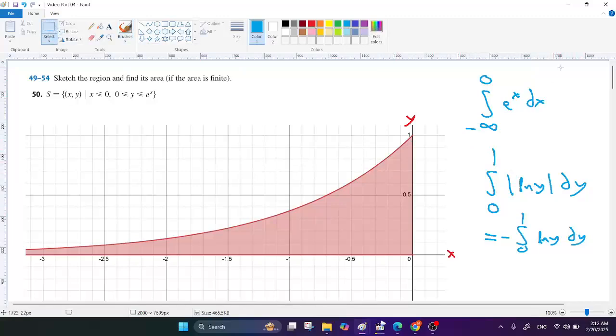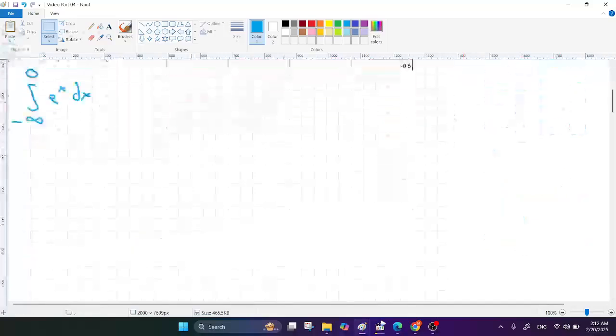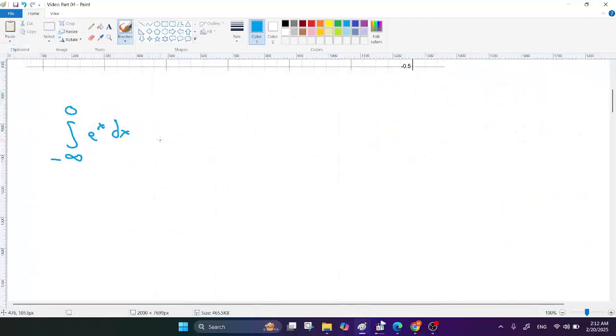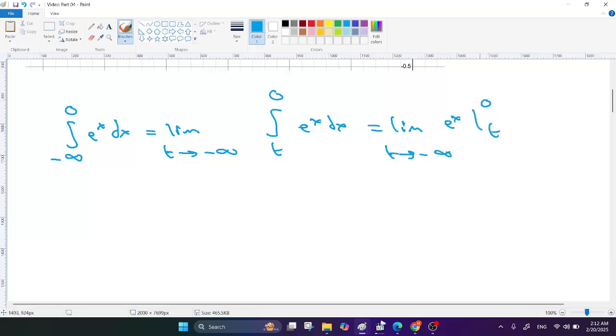Let's solve it using first this way. Integral minus infinity to 0. So copy and paste. What to do now? Yes, it's easy. It's just limit as t approaches minus infinity integral t to 0 e to x dx equals limit as t approaches minus infinity e to x from t to 0.